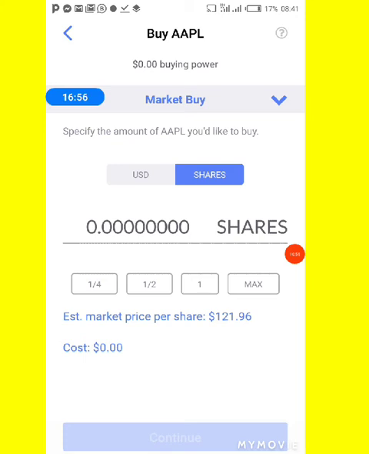Now, if you go to these shares, it means you really want to get one share in the company. For you to buy one share from Apple, you need $121. Seriously, if you have the money, the 120 something, to buy one share from Apple, you're a big person. Because Apple as a company is growing steadily.